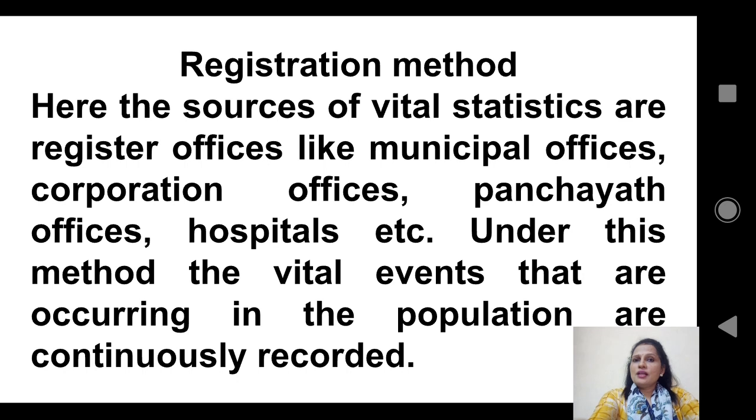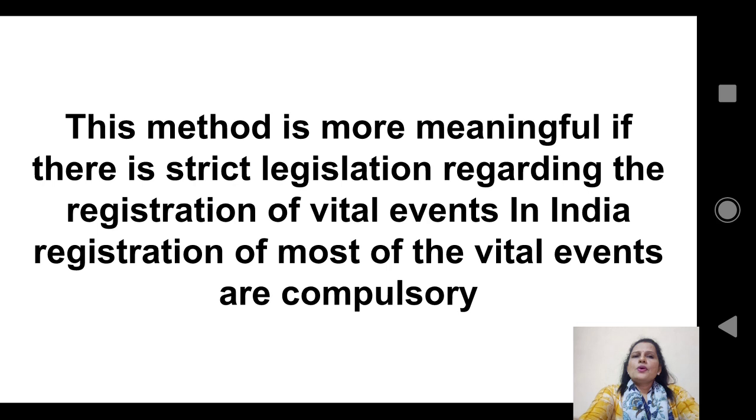In India, the occurrence of birth and death should be registered within 21 days of its occurrence. Now, registration method is more meaningful if there is strict legislation regarding the registration of vital events. In India, registration of most of the vital events is compulsory and therefore it is reliable.